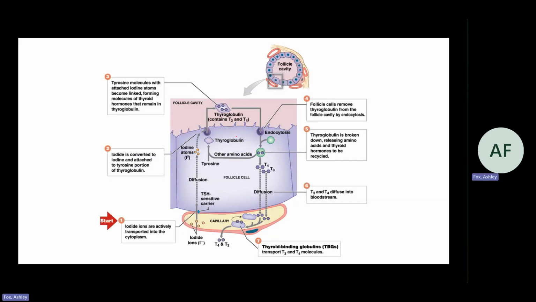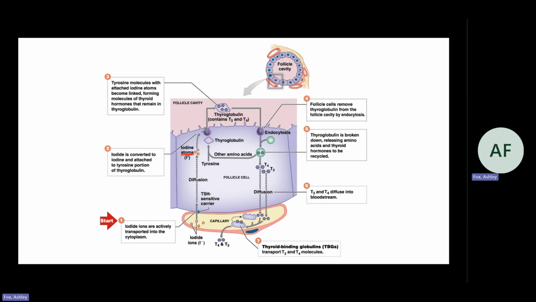So just looking at an overview. Again, we have iodide that's converted to iodine, so you have iodine atoms. Iodine has to be used to make T4 or T3, depending on whether it has 3 or 4 iodine atoms.